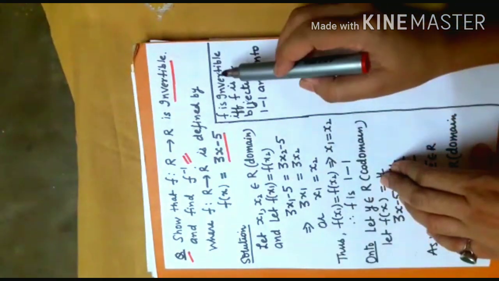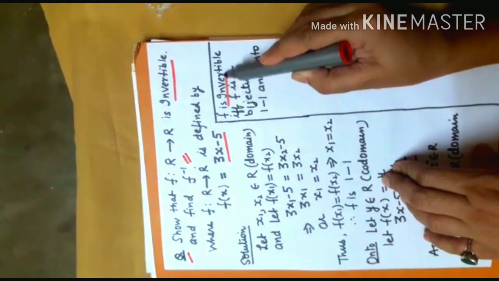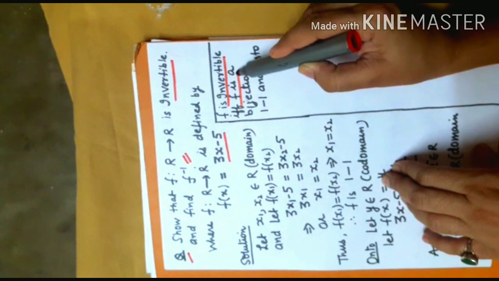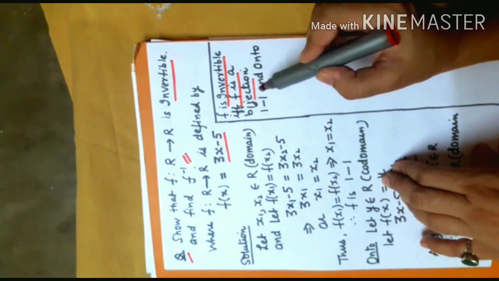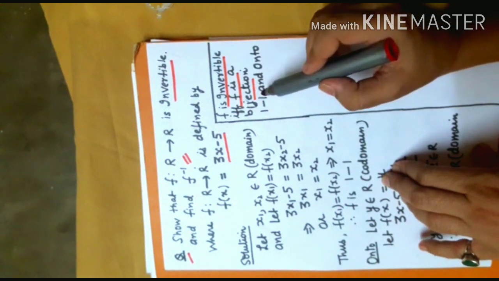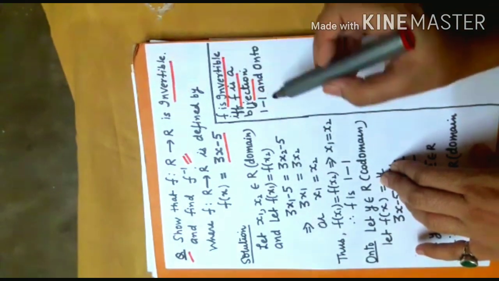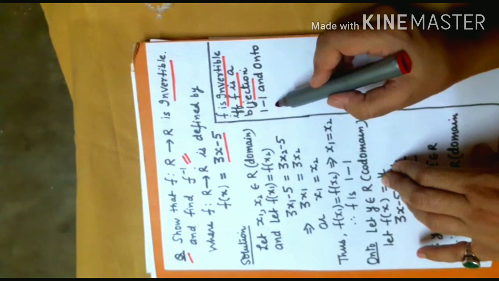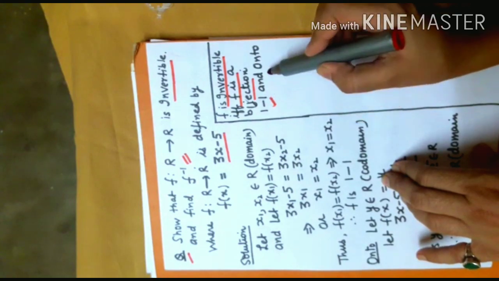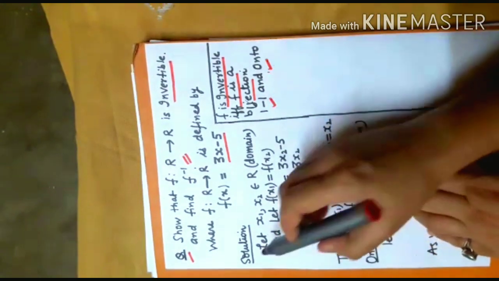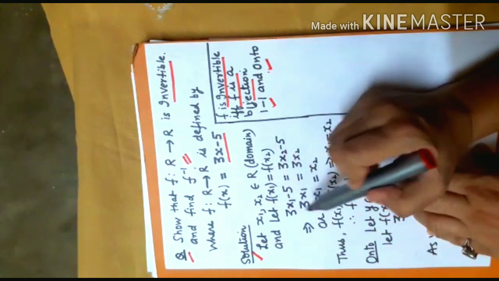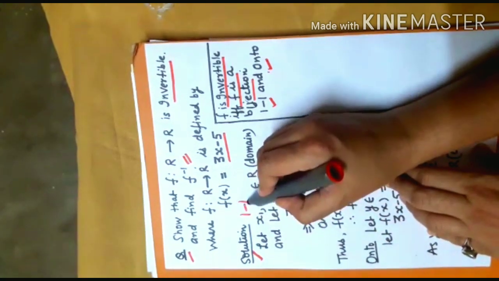We know that f is invertible if and only if f is a bijection. So, in order to show that this function is invertible, I need to show that this function is both one-to-one and onto. First, I'll show that the function is one-to-one.